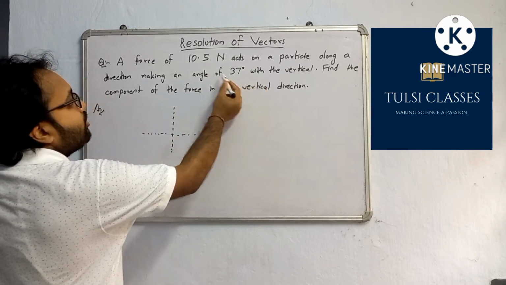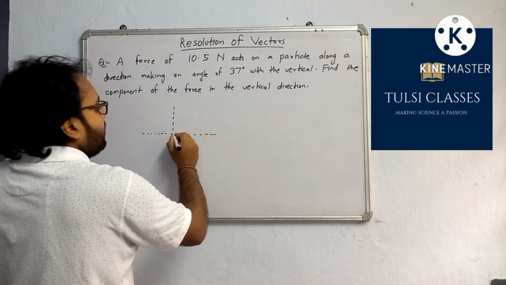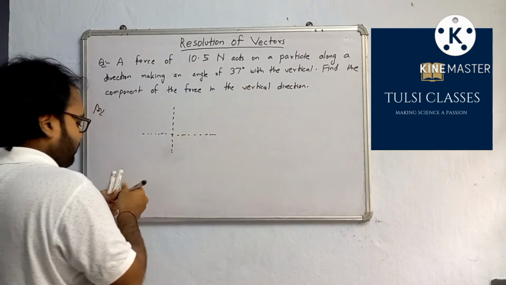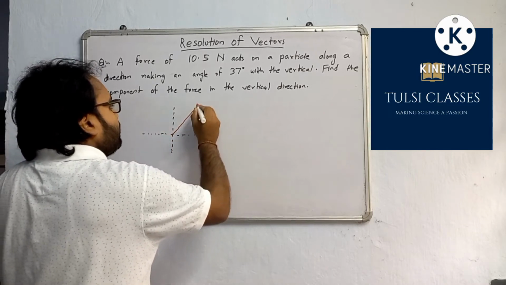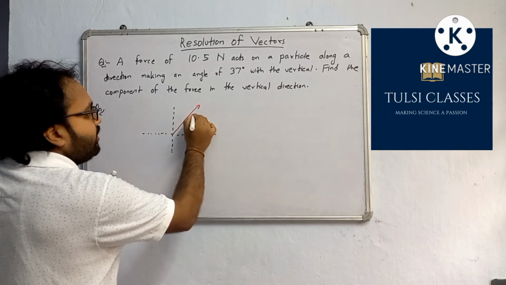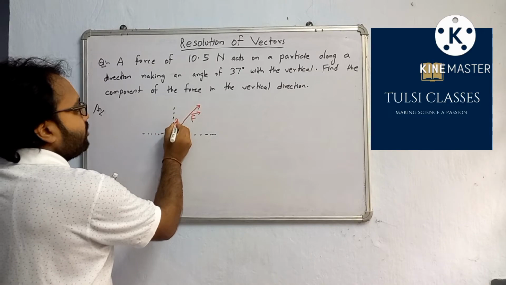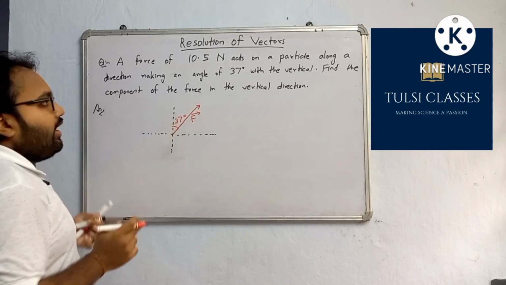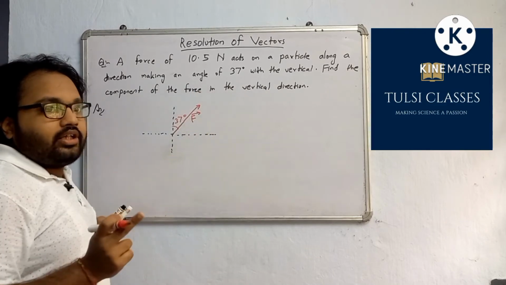Now the force is 10.5 Newton in magnitude, and suppose its name is F. F vector is making 37 degree with the vertical. What we have to find is the component of the force in the vertical direction.